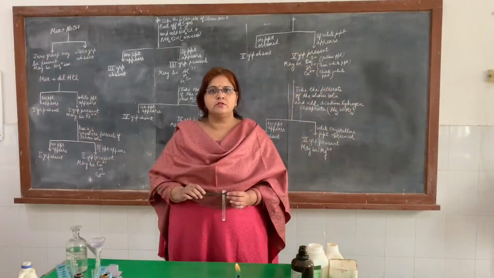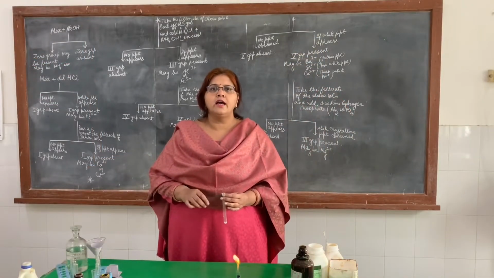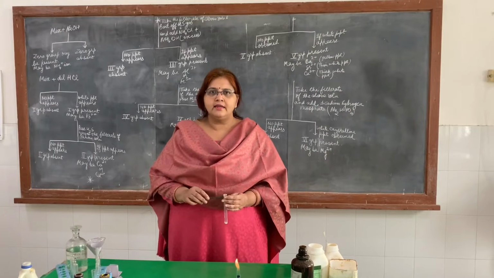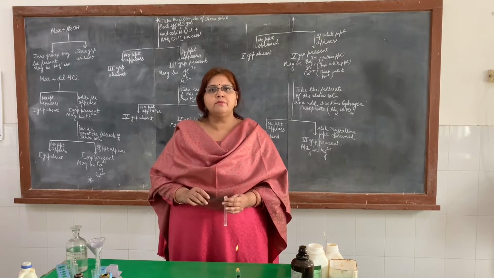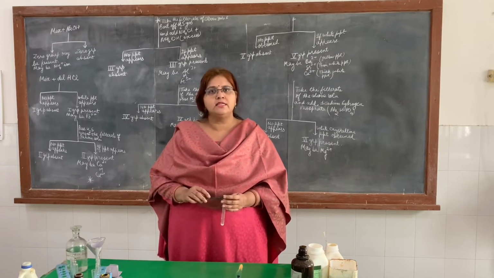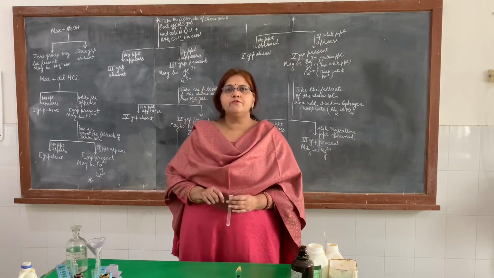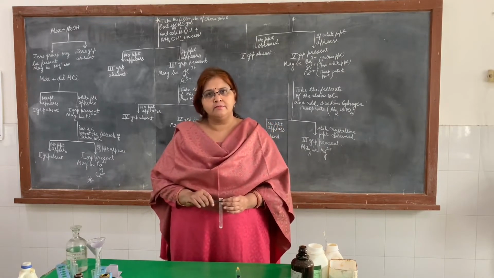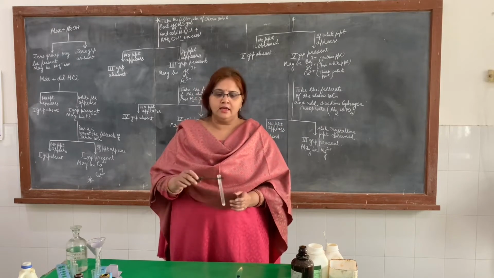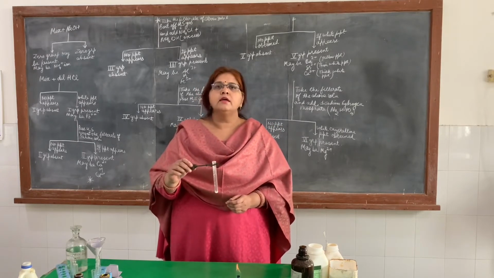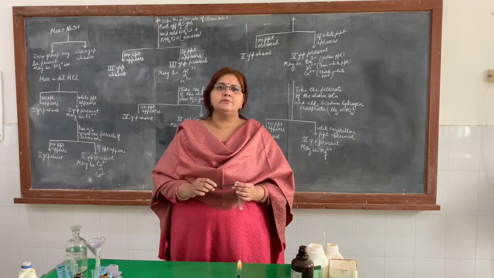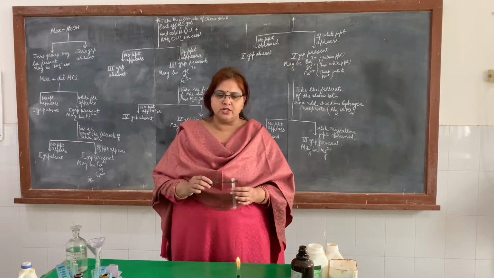I am going to demonstrate in front of you the ions of the fifth group, that is barium, strontium and calcium. How we will confirm these ions? First, I am going to demonstrate in front of you for barium ion. Take the mixture in a test tube. If barium ion is present, then we are going to do the procedure.